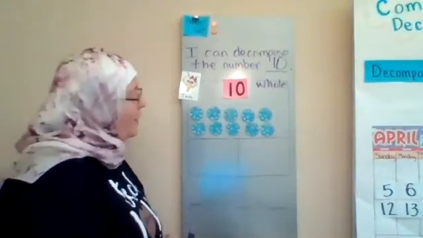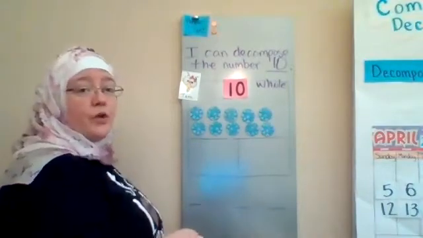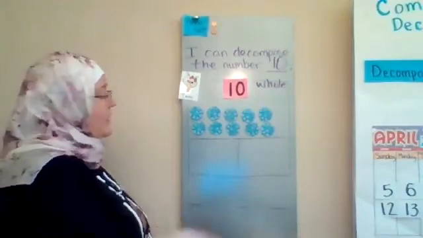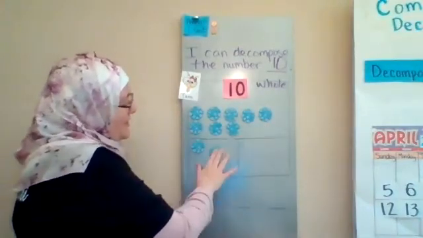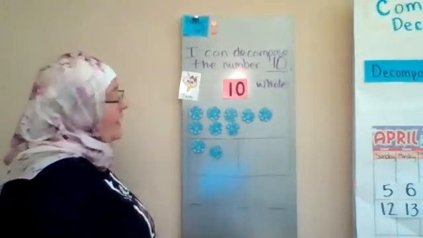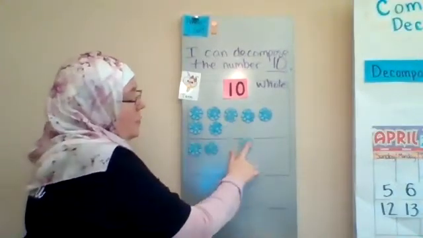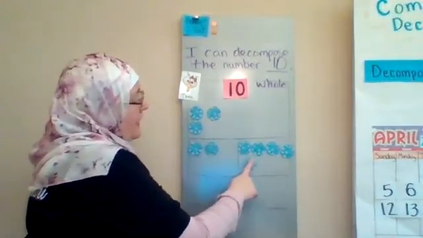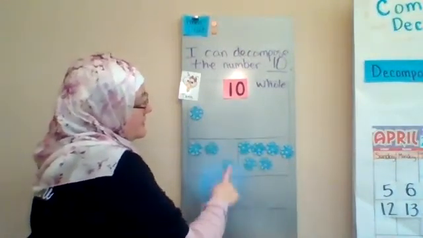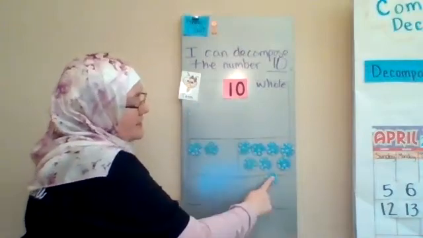Thanks for counting along with me. So what would come after 1? That's right, 2. And how many would we have in the second part? 1, 2, 3, 4, 5, 6, 7, and 8.